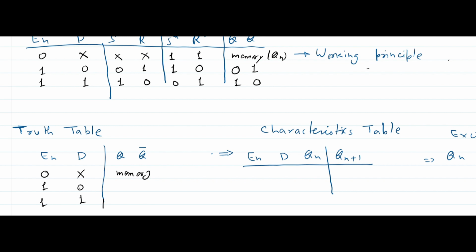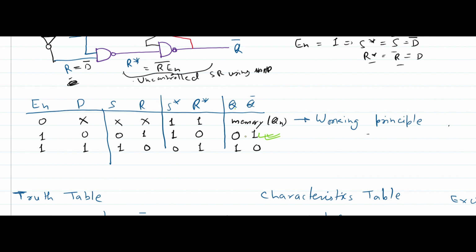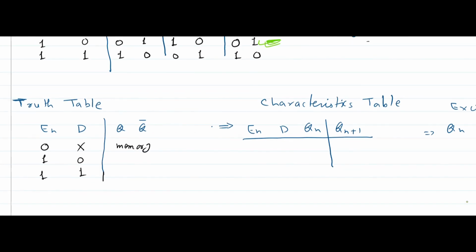So if enable is 1 and D is 0, you can see from here this case will be there, and Q is 0 in this case. That means Q, and here also I will have that Q only, right?